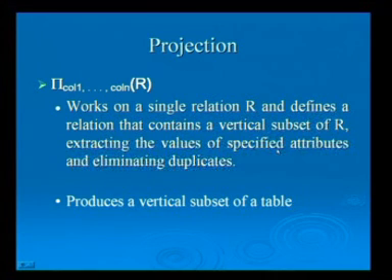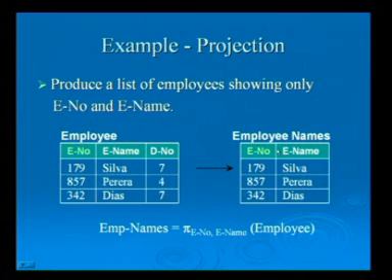Now, if I am going to illustrate it through an example, again there is this employee table, and this time you want to see only the employee number and employee name. So, you define the projection operation with pi, and then you define the list of attributes that you want to retrieve, employee number and employee name, on the relation employee.